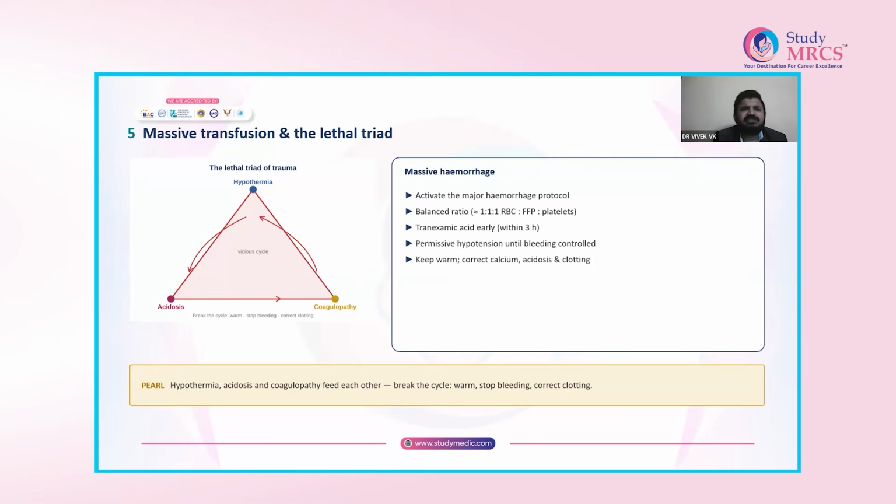These three act as a vicious cycle, feeding each other, and you have to break the cycle. You have to keep the patient warm to prevent hypothermia. You have to stop the bleeding. You have to correct the clotting parameters.